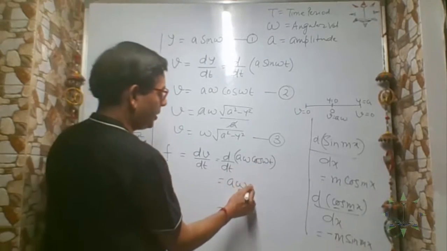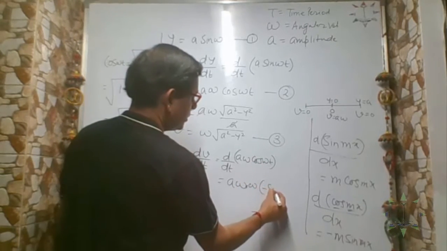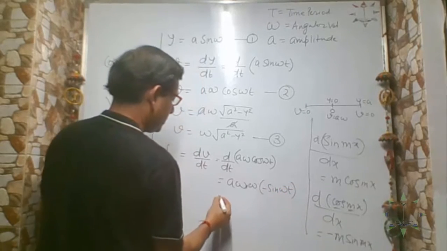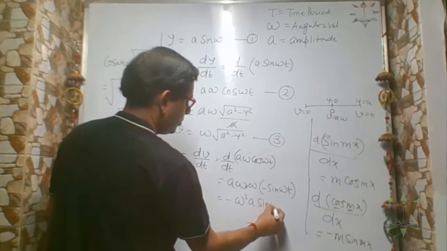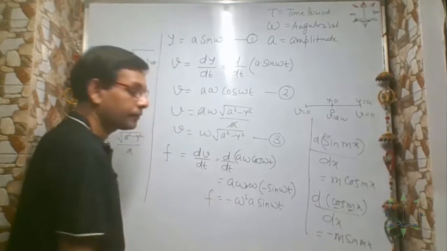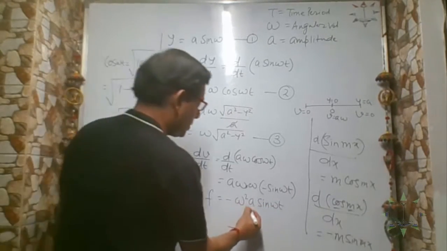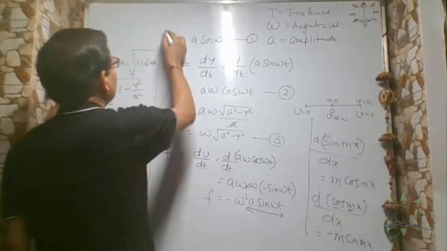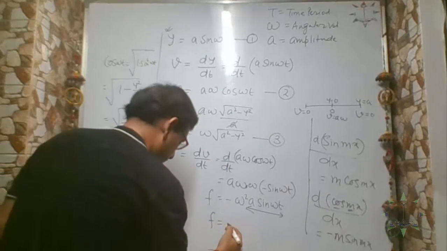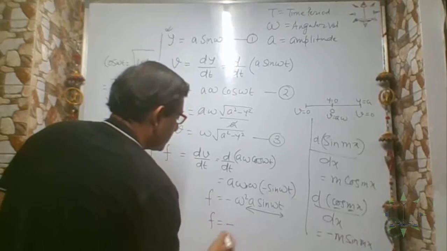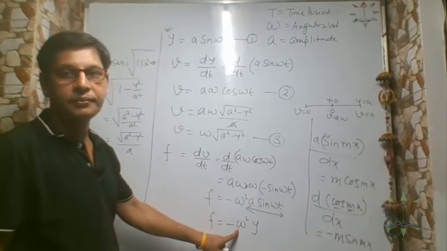Here omega will come out, and this becomes minus sin omega t. So it is minus omega square a sin omega t. So this is the acceleration. But a sin omega t is nothing but the displacement. So F equal to minus omega square into y, omega being constant.